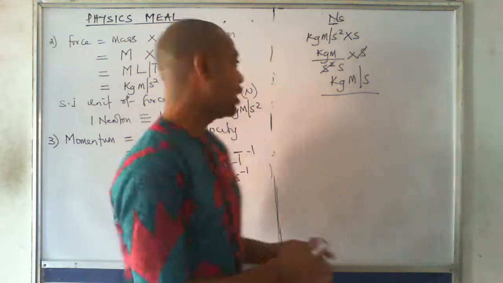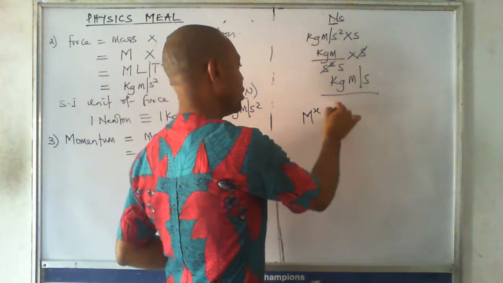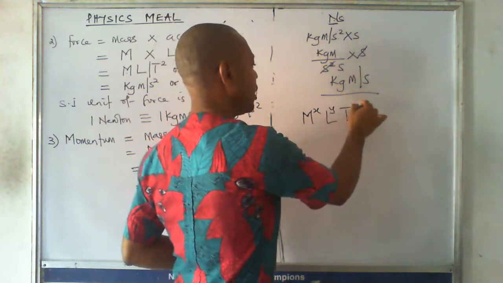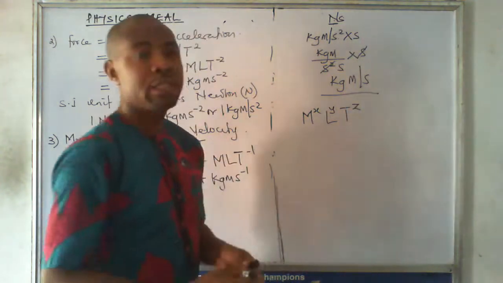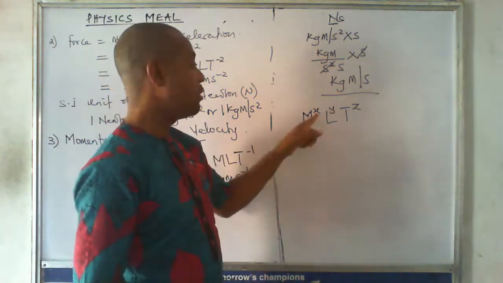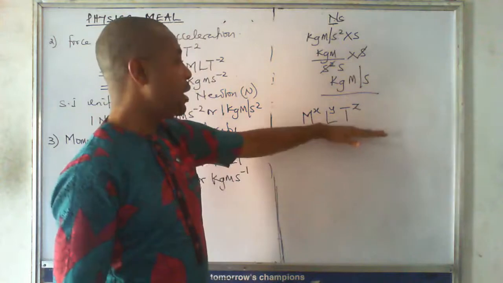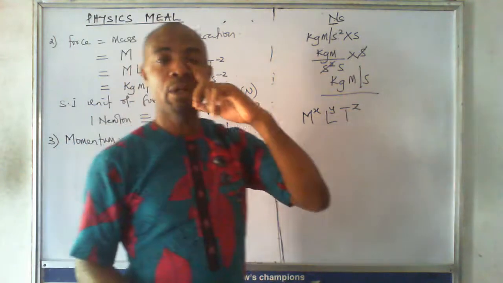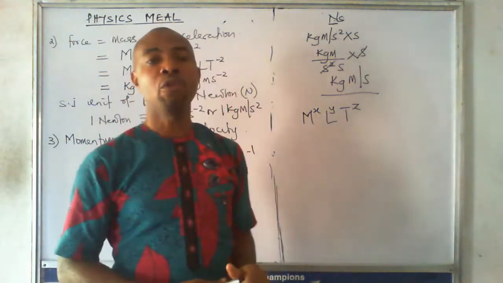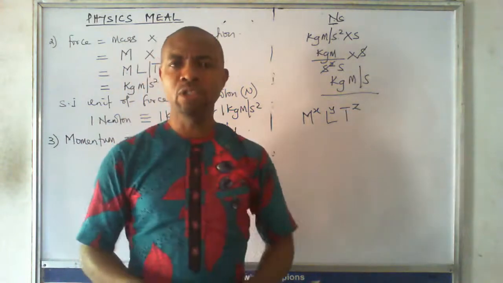For example, one can be given something like this: M raised to power x, L raised to power y, T raised to power z. And you are asked, if this is the dimension of pressure, what will be the values of x, y, and z that will make this the dimension of pressure? So that's what we are going to look at.